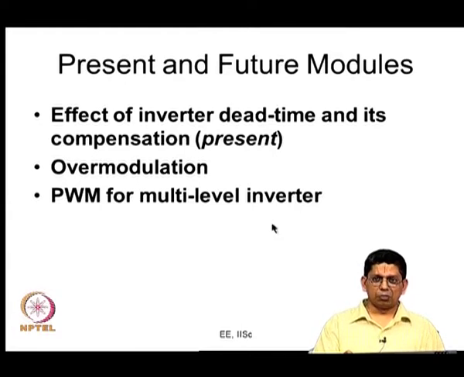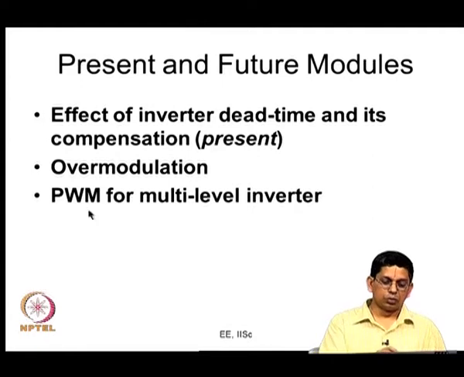One reason is that multi-level inverters are important. They have been around for 3 decades, but there has been a lot of active research in the last decade. But more important than that, if we have understood the PWM for 2 level inverters properly, which we have been discussing all these days, and if we have understood a multi-level inverter properly, which we discussed in the very first module, then we should be able to do PWM for a multi-level inverter.